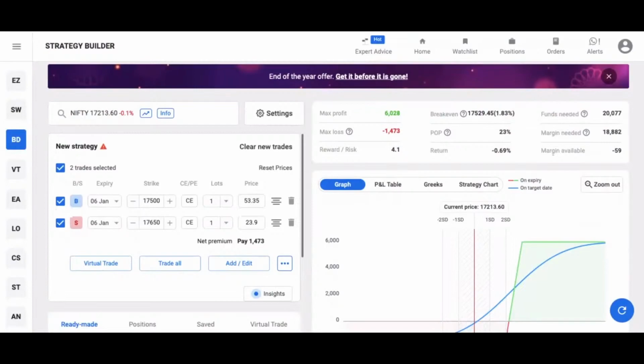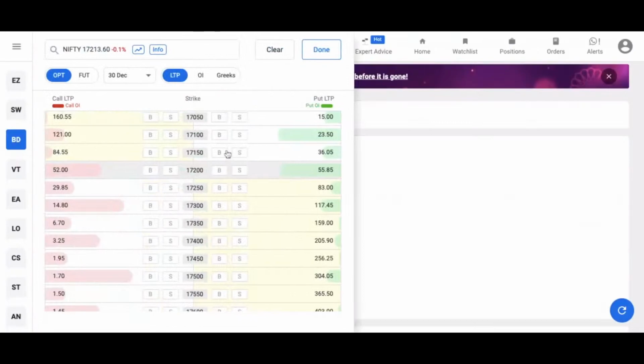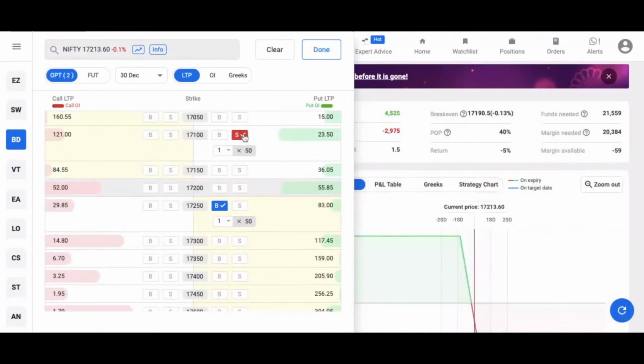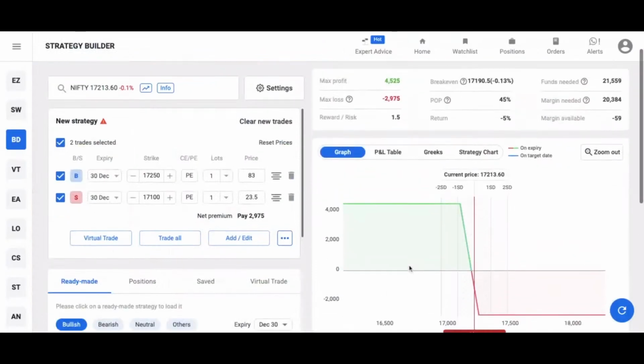The last basic strat, and we'll just look at bear puts again. The exact same thing. Nothing new to learn here. Buy something in the money, sell something. Yeah, and this is exactly the same. Right? The probability of profit is slightly lower.